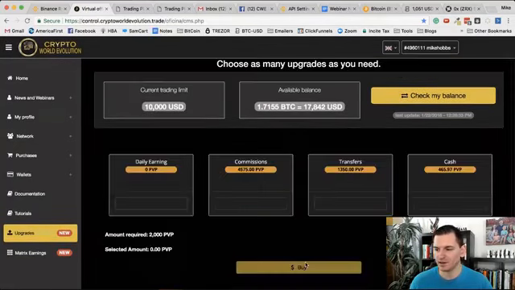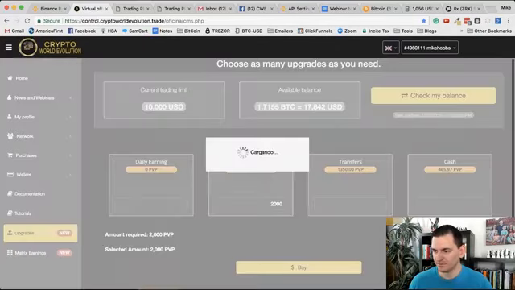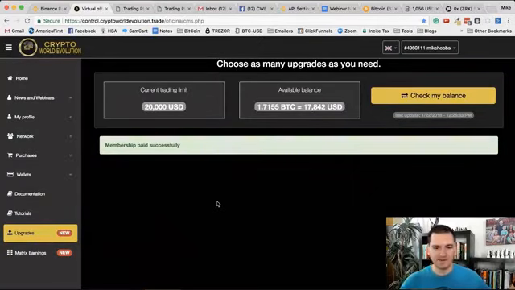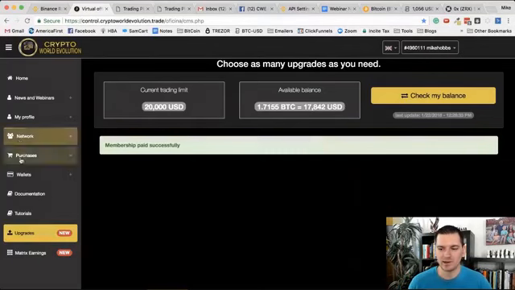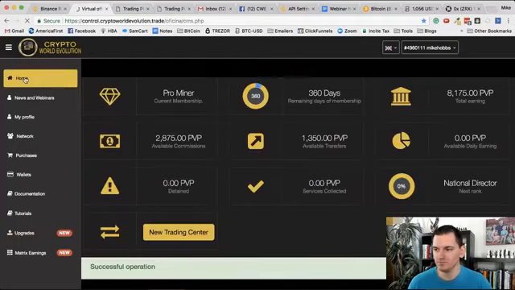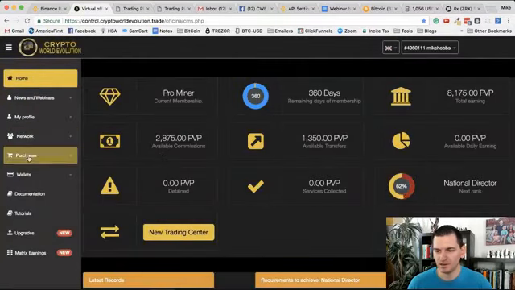So I'm going to go ahead and upgrade mine because I want more trading account. So 2,000. Wha-bam. There we go. Now I got $25,000 worth of trading I can do. So I can actually come back into my bot now. So I can go back up here. And I can click on my trading bot.